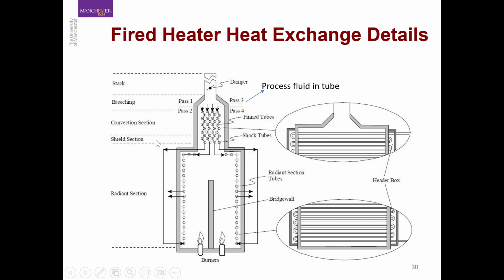The reason we call it the shield section is that the flue gas is quite hot, and if we directly give it to the tubes, it is going to melt the metal. So here we have tubes or material that can withstand the hot temperature of the flue gas, and that is what is called the shield section or shock tubes.